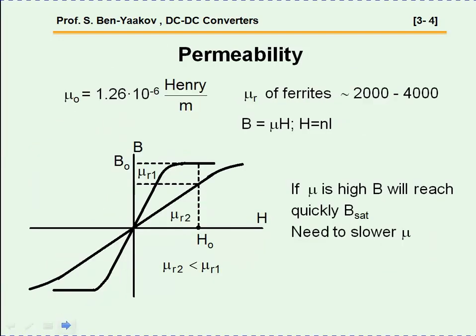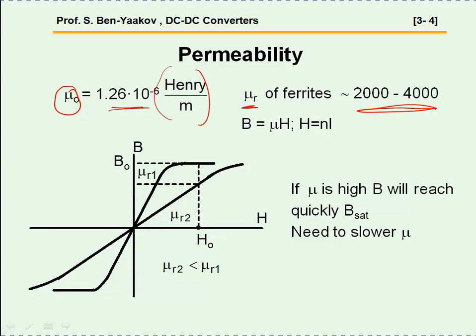Now, permeability, as I've said, is defined as a product of the initial or vacuum or air permeability, and this is the value of it, and these are the units, and times the relative permeability, which for ferrite will be in this range, unless you do some specific things to reduce it, and we'll talk about it.